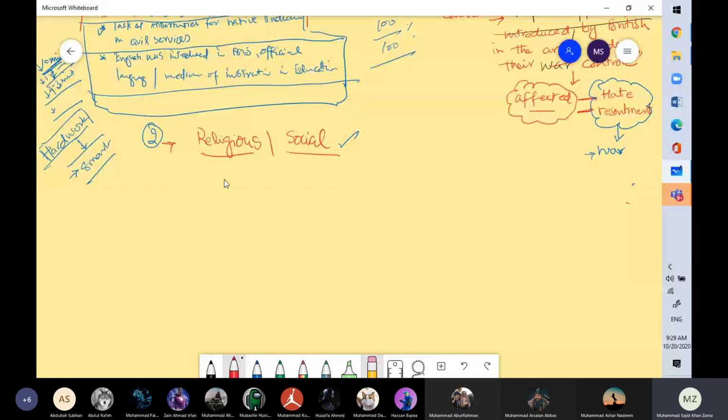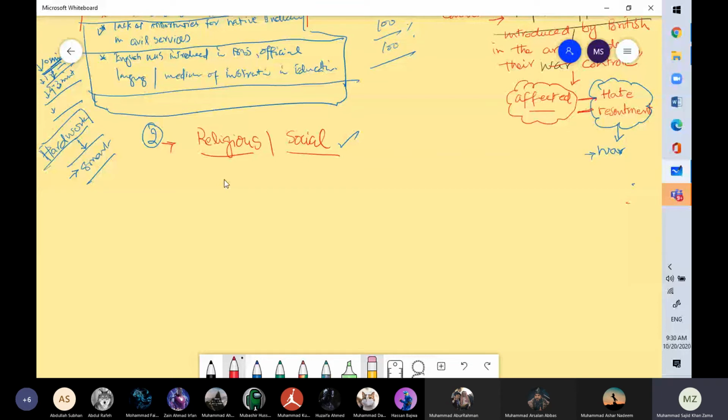Then in social point of view, they considered Indians inferior as a race. They did not like to mix with them. They did not give them equal status. They did not offer them job opportunities equal to the British. That is one part of social discrimination.